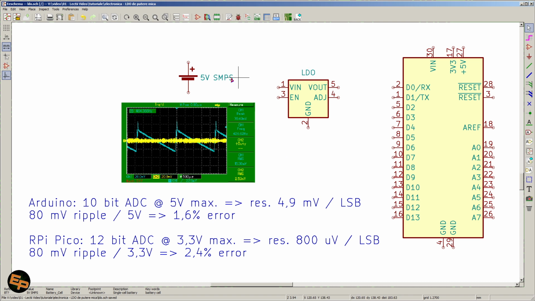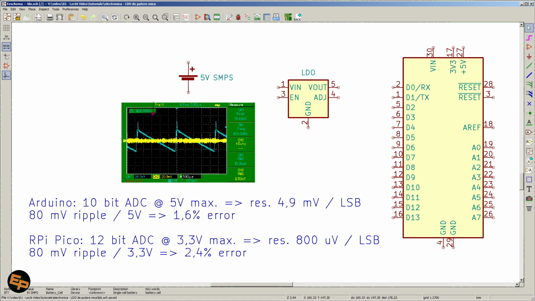So the idea is to basically search for a power supply that gives more than 5 volts on the output, let's say 5.2, 5.3 volts, and these should be relatively easy to find, because if we take old phone chargers or battery chargers and we actually test them, we will see that they don't really give 5 volts sharp.